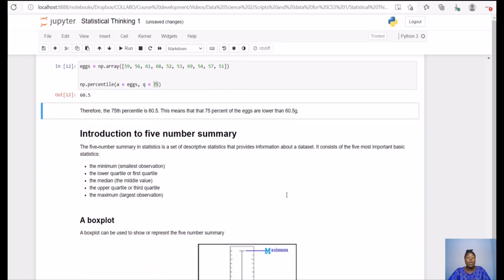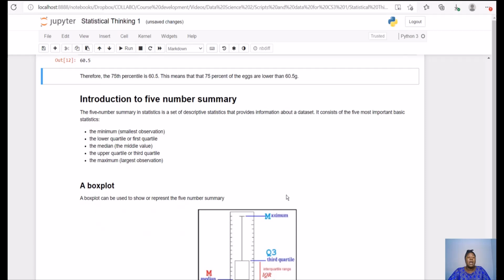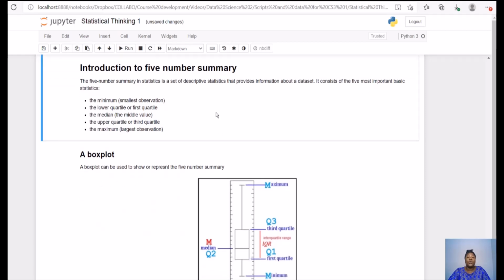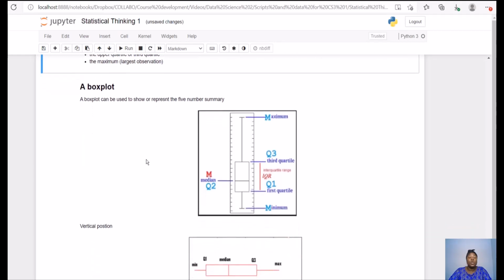So the last but not the least, I will introduce you to the five number summary, where we talk about the minimum, the lower quartile or the first quartile, the median, the upper quartile, and the maximum, using the box plot. So the box plot represents the five number summary, where you have the maximum here, I showed you that earlier, and you have the minimum here.